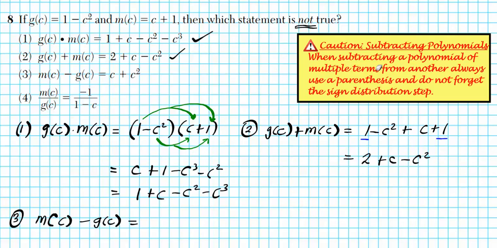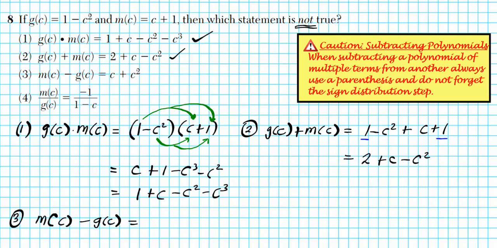Now, caution concerning subtracting polynomials. Whenever you're subtracting polynomials that have multiple terms, more than one, you always want to use parentheses. Okay, that helps you remember to distribute the negative sign that's in front of the parentheses to the quantity to your right.